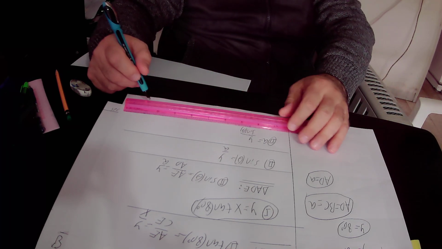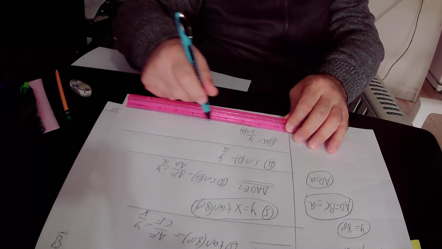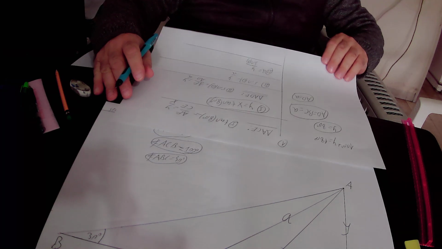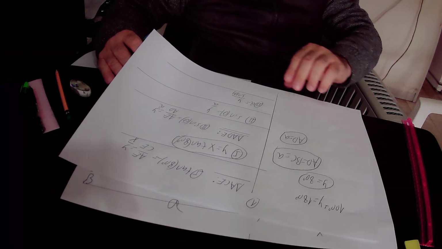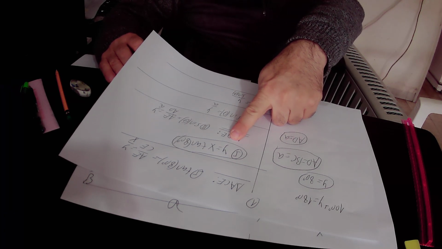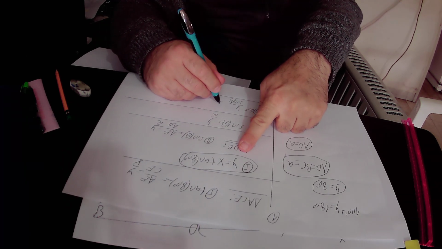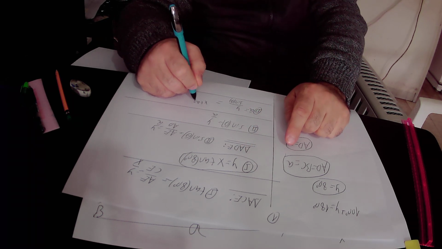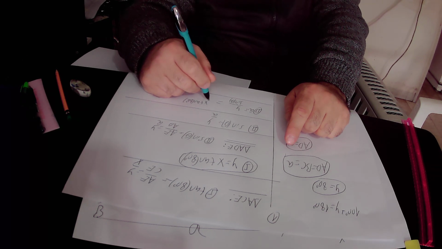Here we will substitute y. We already found out that y equals x tangent 80 degrees, so we'll substitute y by x tangent 80 degrees, and we will get A equals y, and y is x tangent 80 degrees, divided by sine theta.